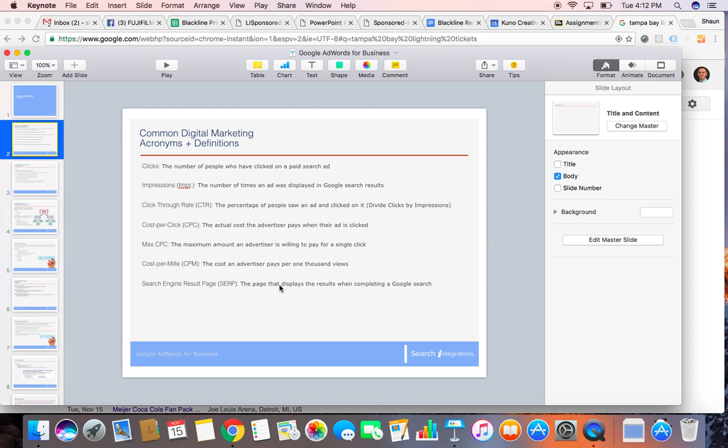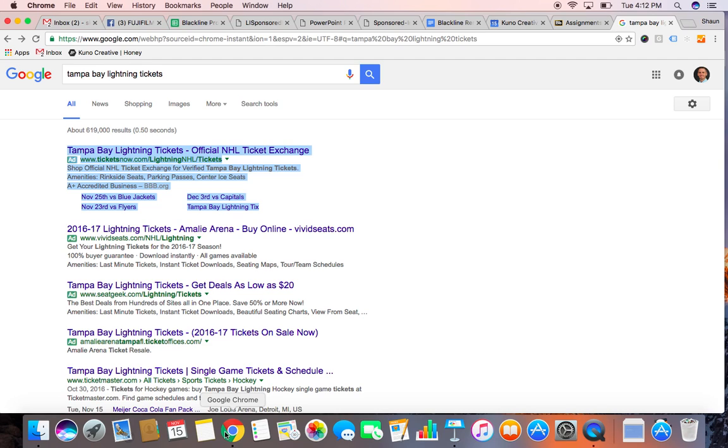The cost per mille is the cost the advertiser pays per 1,000 views. Now this means that if you don't like the cost per click system, you can actually bid on a cost per 1,000 impressions. So let's say that you wanted to do a branding campaign, that you just wanted to get your ad seen as many times as possible. Again, you weren't trying to drive people with web clicks.